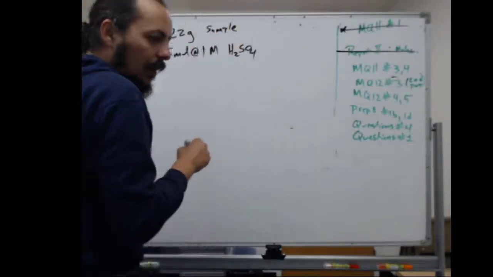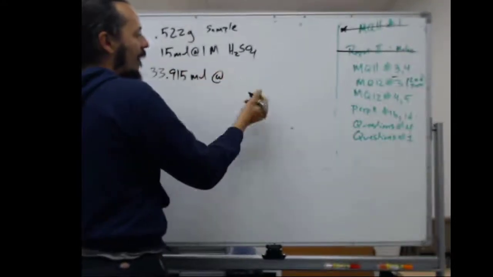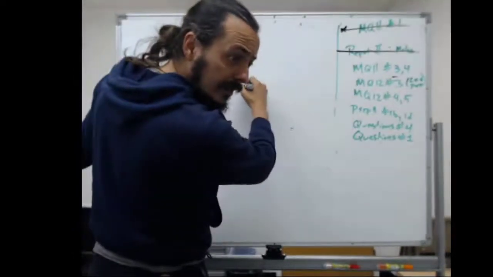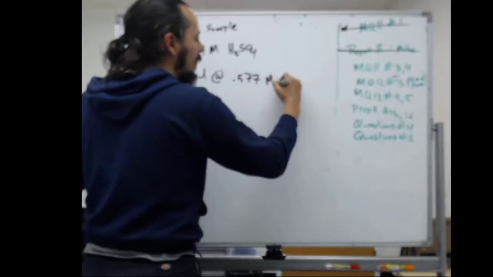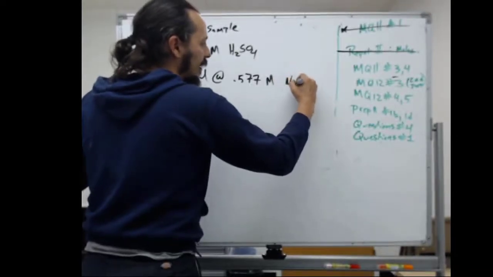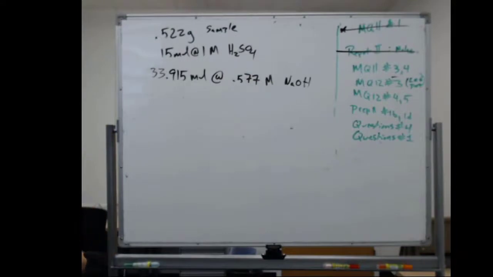And then we're also going to add 33.915 milliliters at 0.577 molar NaOH.